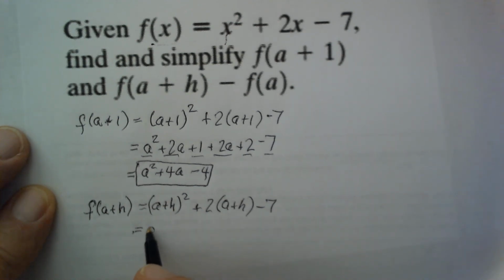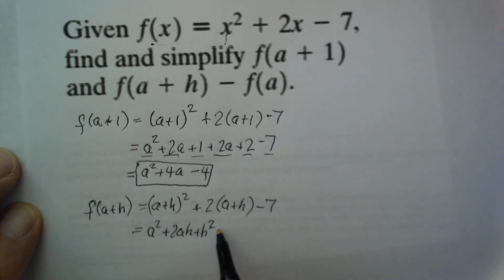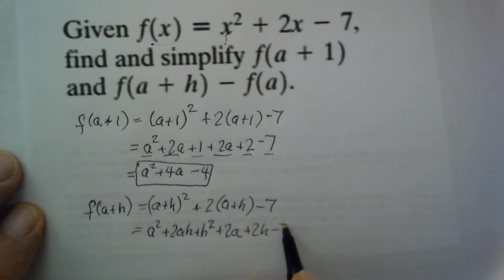So it means a squared plus 2 times a times h plus h squared. You may want to go back to the formula where we square a binomial. A plus b squared is a squared plus 2ab plus b squared, except as the b we have an h. And then we have 2 times a using the distributive law, 2a, and we have 2h minus 7.